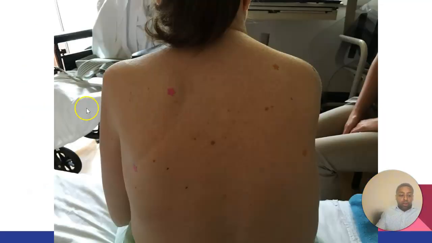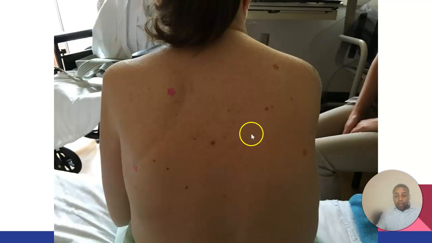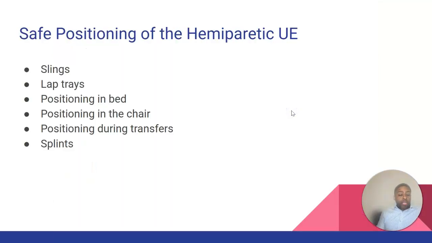All right, handling of the hemiparetic arm. There are different considerations from a handling perspective, right? Safe positioning. Slings are going to be very important for the hemiparetic arm.